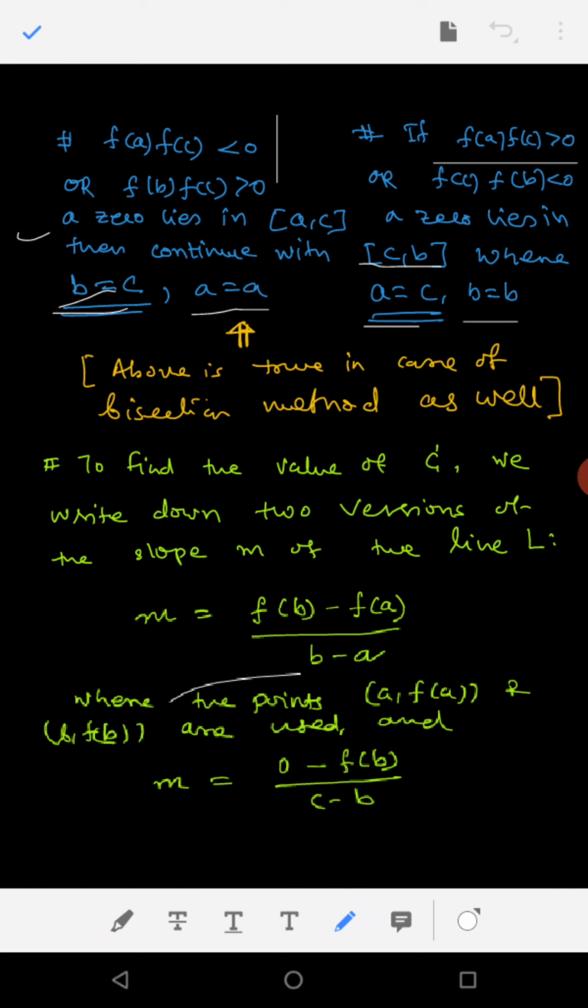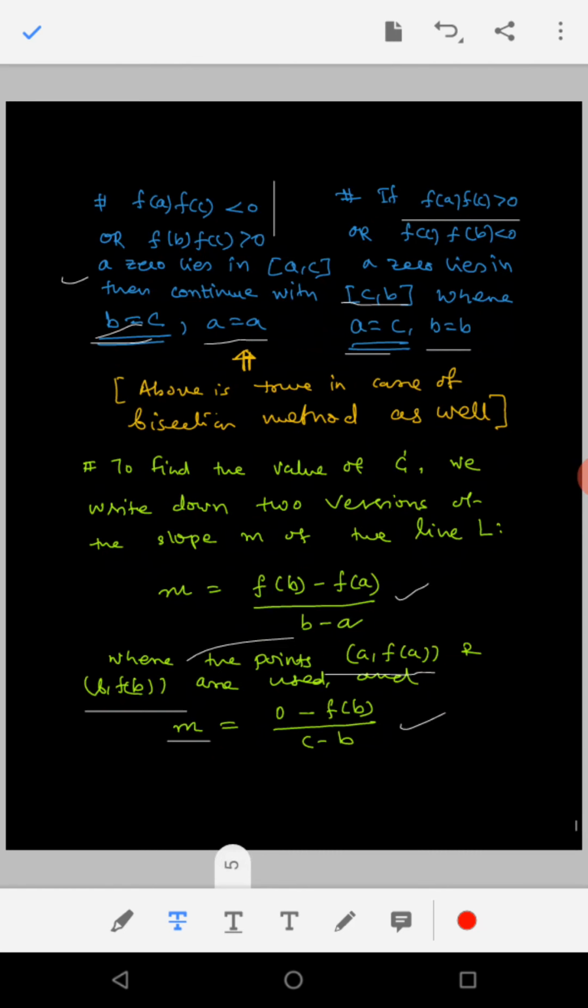And the second equation, which uses two points, the first equation, as I told you, uses these two ordinates. The second equation uses c, 0 and b, fb ordinates. So again, by applying the standard slope equation, 0 minus fb divided by c minus b.